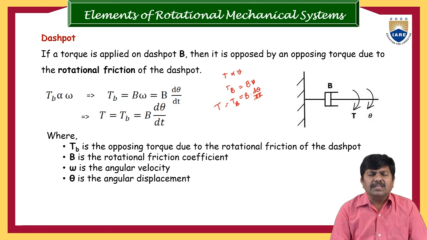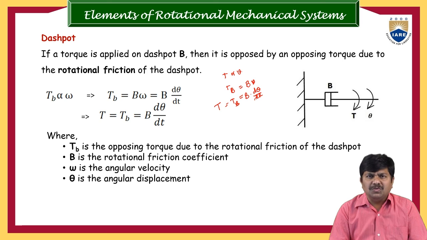What exactly does a dashpot mean? A dashpot is a solid cylinder in which a piston moves up and down based on the frictional forces generated by the hydraulic liquid in it. We can assume this to be the equivalent of frictional forces.